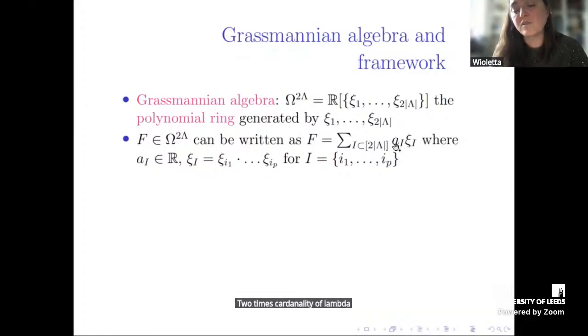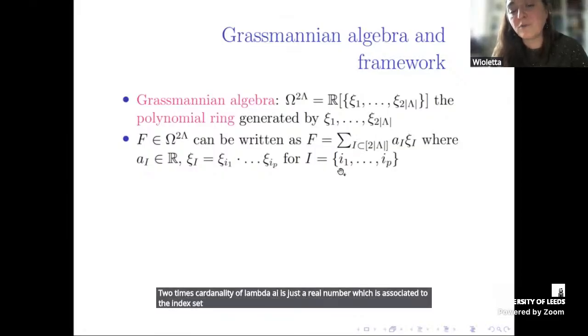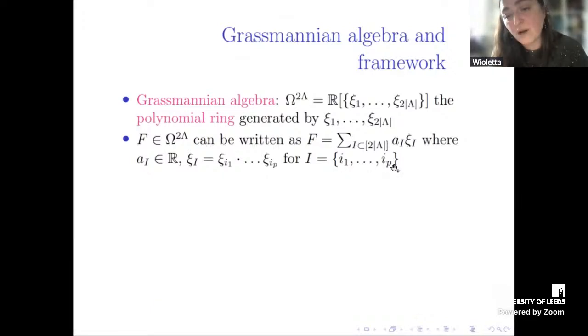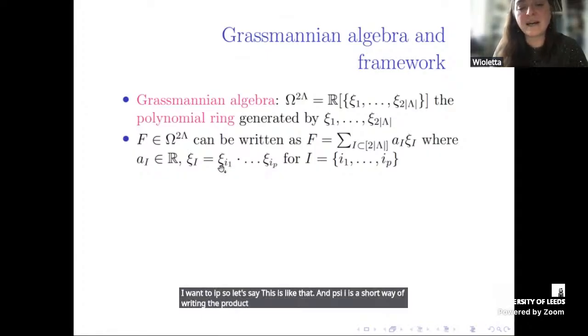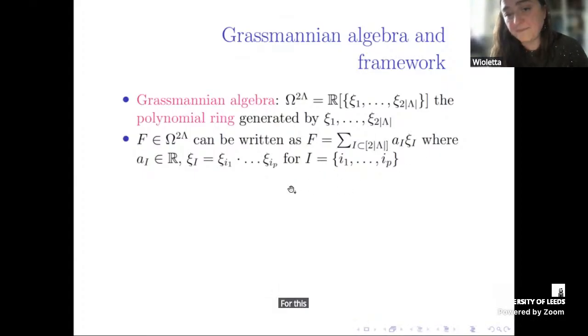A_I is just a real number associated to the index set I. Here I, for example, is i_1 to i_p. And xi_I is a short way of writing the product of xi_{i_1} up to xi_{i_p} for this index set.